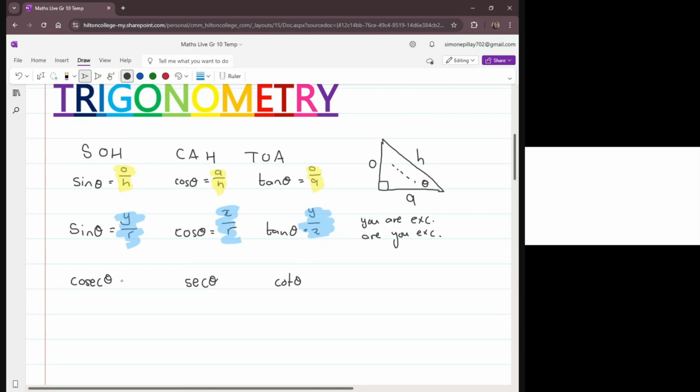So cosec is equal to 1 over sine theta. Sec is equal to 1 over cos theta. And cotangent is equal to 1 over tan theta. They are literally the inverses.